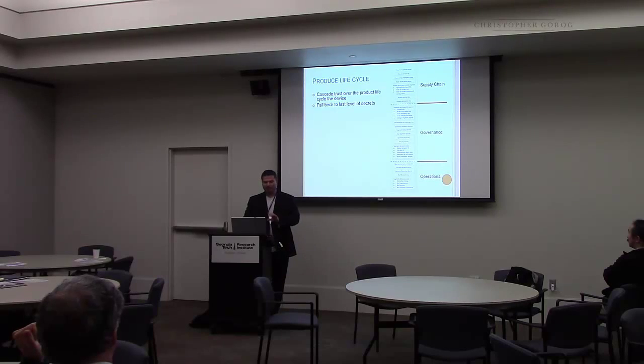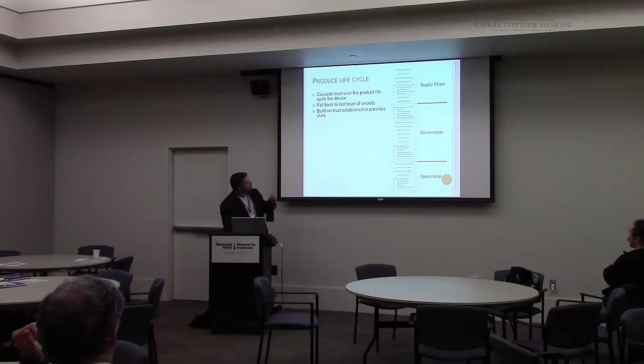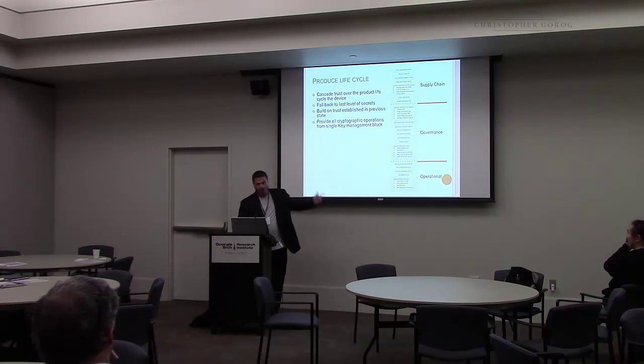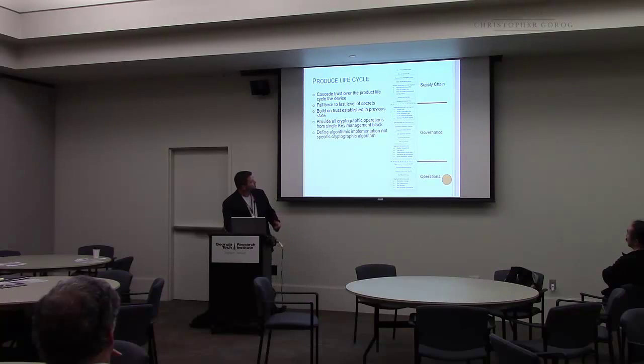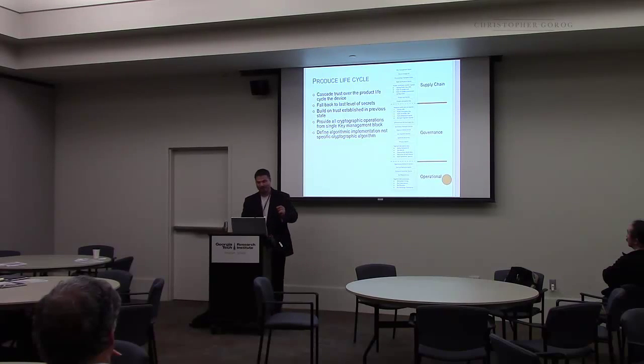So being able to fall back to the build trust, establish providing all cryptographic operations from this single cryptographic key management block, and defining the algorithmic implementation and not specific cryptographic algorithms.